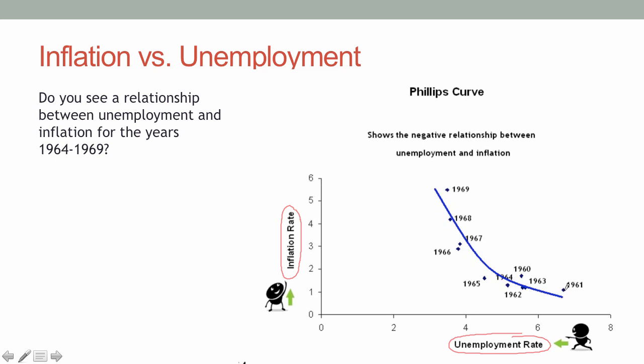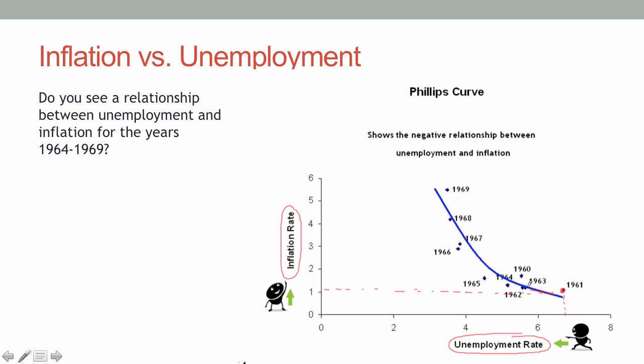And what we see is, right here at this point, that's a high unemployment rate. That's almost 7% of people looking for jobs that can't get them. They're unemployed. A lot of people looking for jobs, and the inflation rate is really low. So prices are not increasing. Prices are kind of staying the same year after year, but a lot of people are looking for jobs.